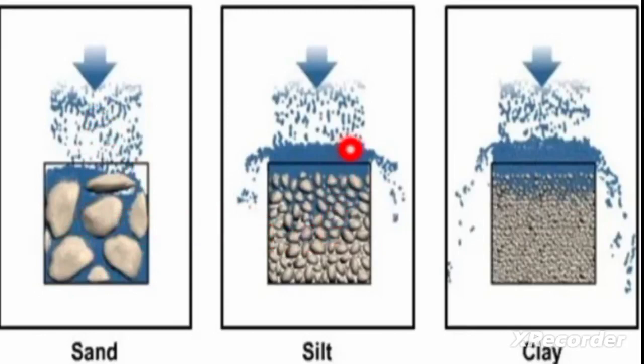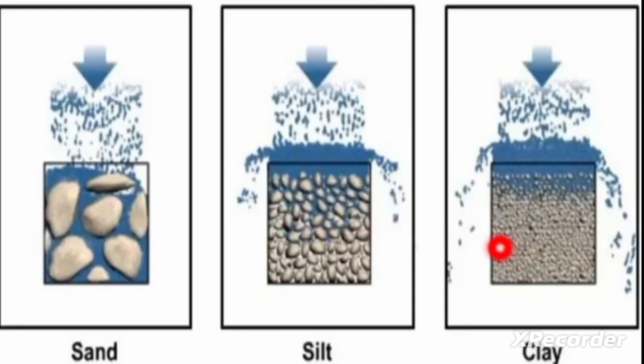Let us also look at the silt soil. Silt soil has small pores or small spaces, so it does not allow a huge volume of water to pass through it. Let us also look at the clay soil.